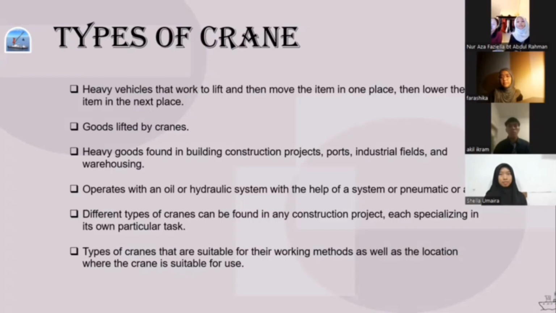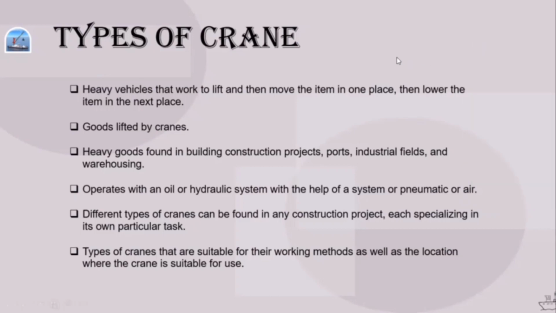Goods lifted by crane are heavy goods found in building construction projects, ports, industrial fields, and warehouses. A crane is also a machine that operates with an oil or hydraulic system, or pneumatic, or air.